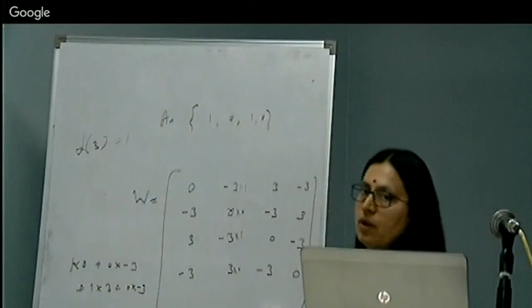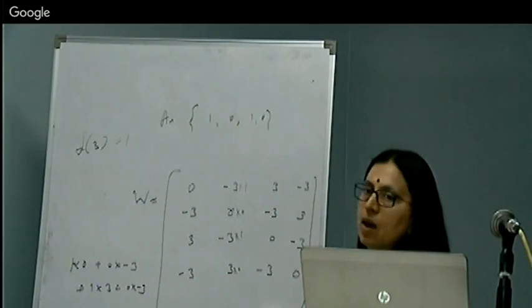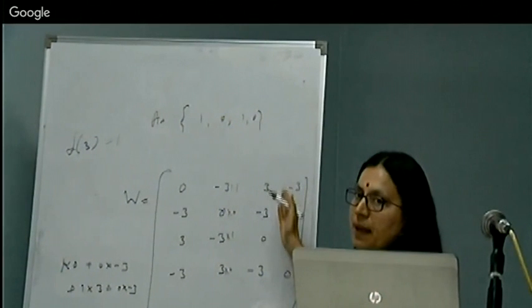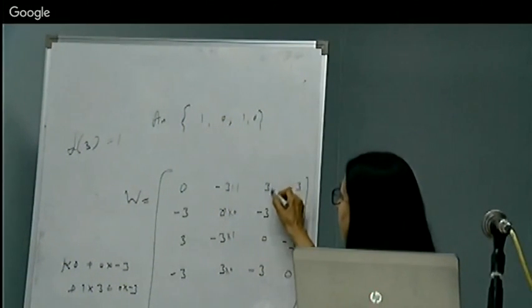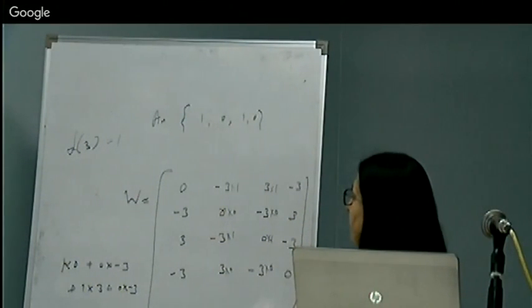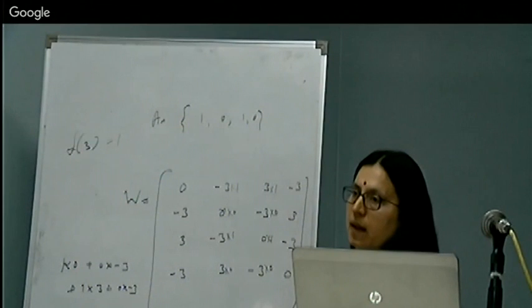So when we apply the threshold function on -6, the output will be 0. Similarly, for the third neuron, we'll be multiplying the input vector with the third column. So when we multiply the input vector with the third column, the activation would be 3. So this 3 will again give us a 1 in the output.